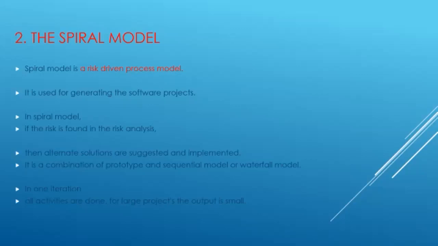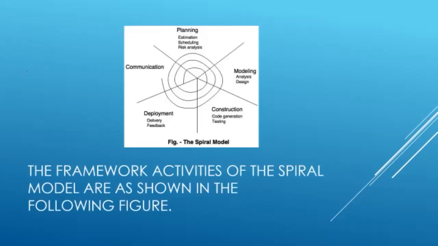It is a combination of the prototype and sequential model or waterfall model. In one iteration, all the activities are done. For large projects, the output is small. This is nothing but the framework activities of the spiral model, as shown in the following figure.